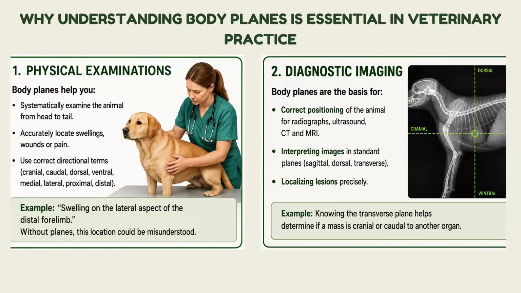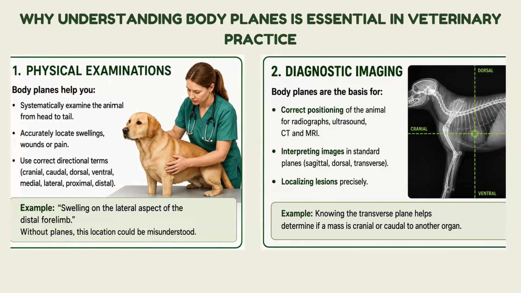If the animal, let's say a goat, is having crackles or rales, abnormal lung sounds, your knowledge of veterinary anatomy will guide you to know which part of the ribs to place your stethoscope on so that you can hear this sound very well. So body planes help you systematically examine the animal from head to tail, and it helps you accurately locate swellings, wounds, or pain.